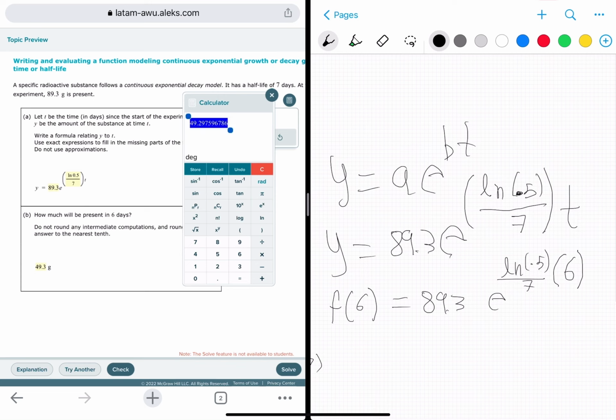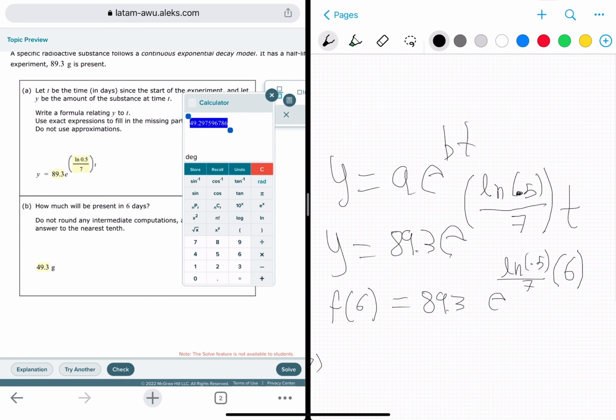And the answer is there, 49.297, and I have to round the answer, so that's what I see here, 49.3. Okay.